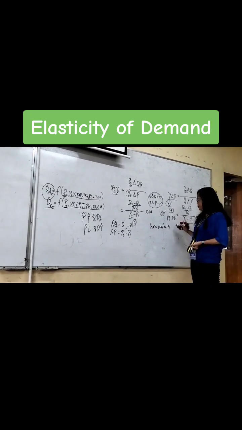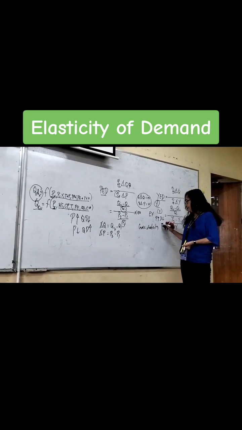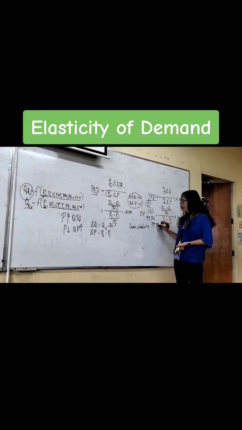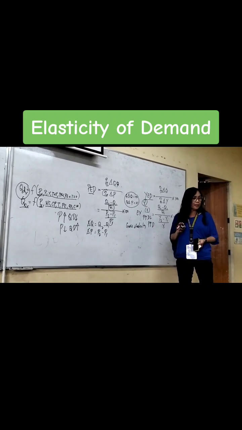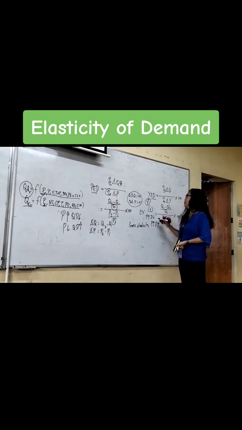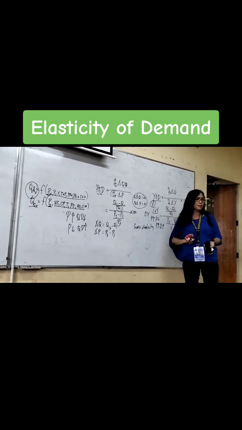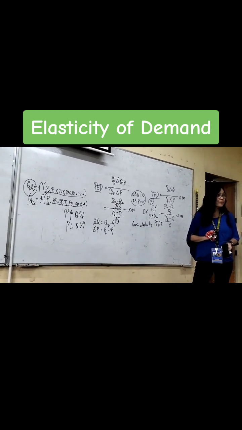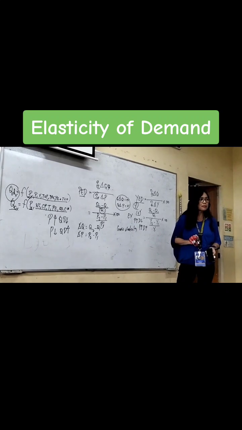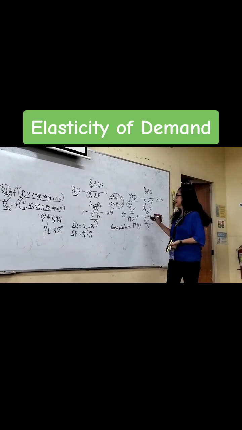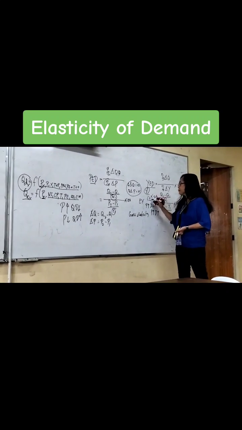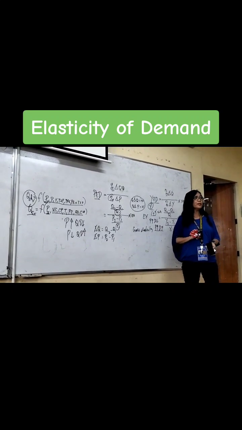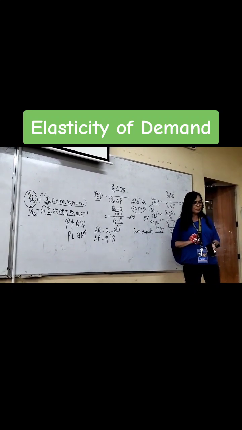How about if it is substitute? If there is an increase in price of one, the demand for the other will increase. Now, if the elasticity coefficient is positive, is it substitute or complement? Substitute. Why? Because if one goes up, the other goes up, and if it decreases, it goes down.